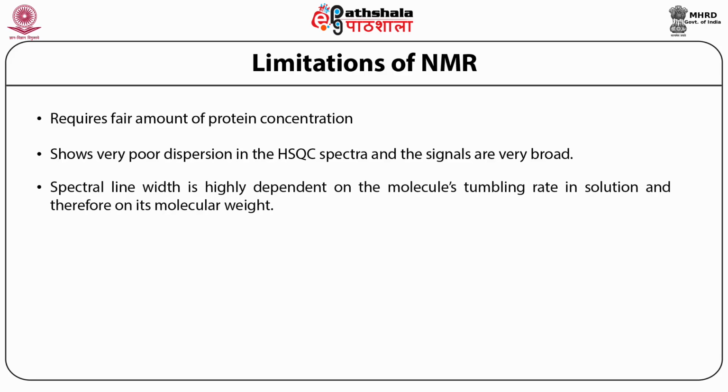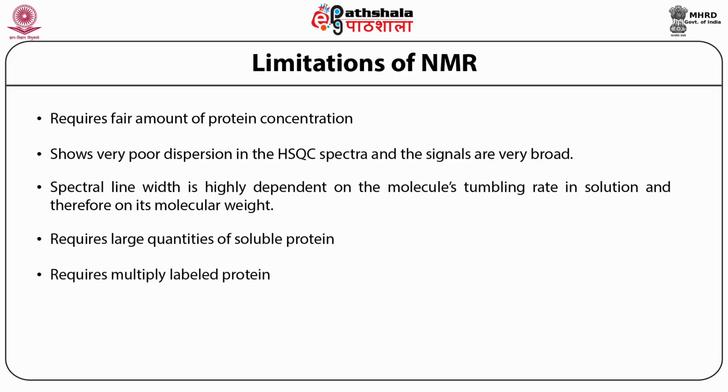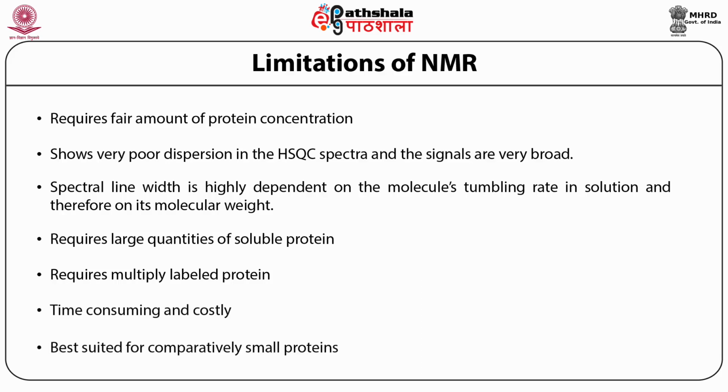Spectral line width is highly dependent on the molecule's tumbling rate in solution and therefore on its molecular weight. It requires large quantities of soluble protein. It requires multiply labeled protein. It is time consuming and costly and is best suited for studying small protein structures.